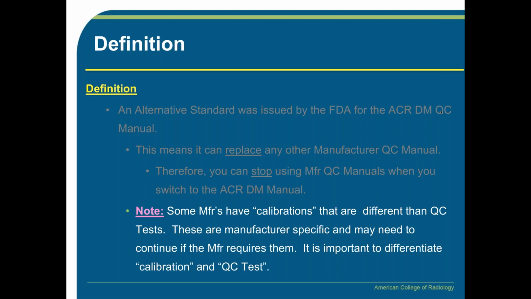So a calibration is a manufacturer-specific requirement. It's not a QC test per se, even though it might be closely tied to a QC test. It's still a calibration. So those would continue, and we have a way to document that they are being performed if you have manufacturer-specific ones. But those are different than a QC test. So just a little detail on that definition.